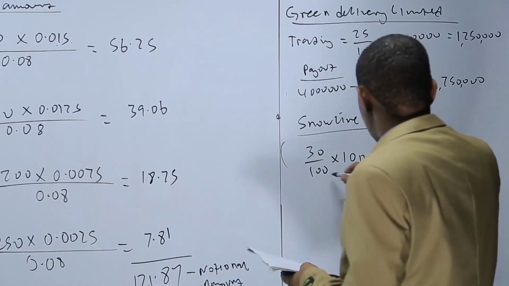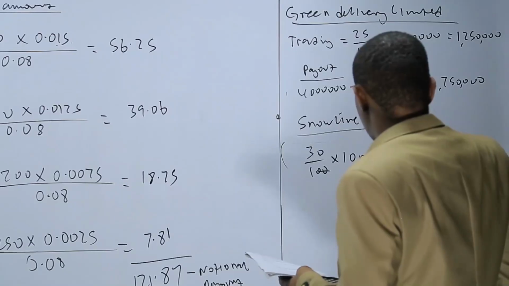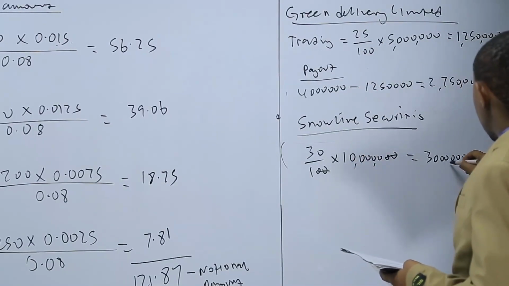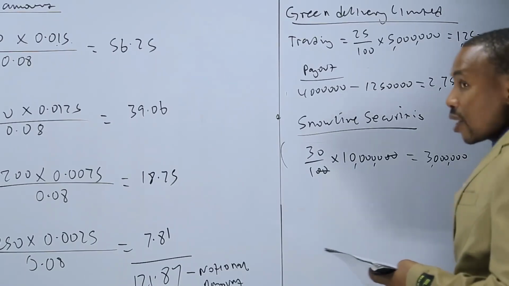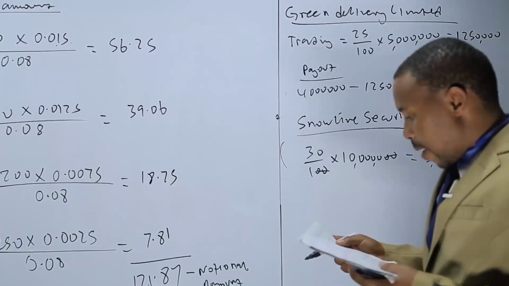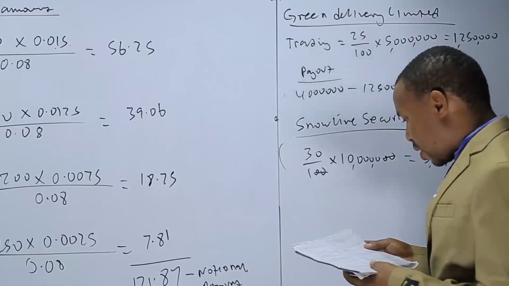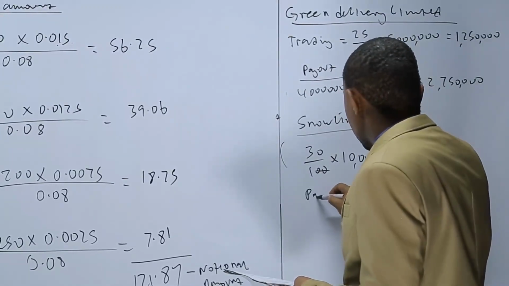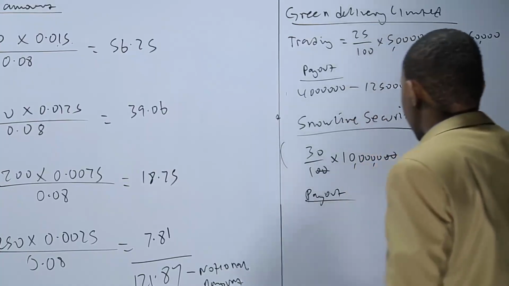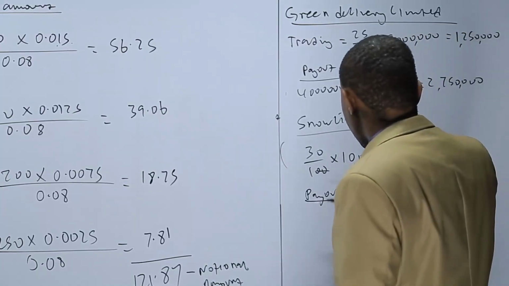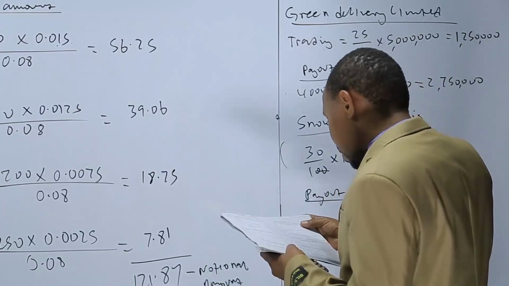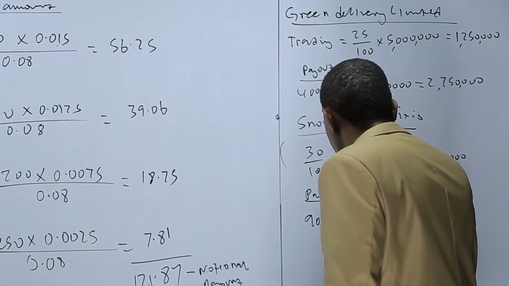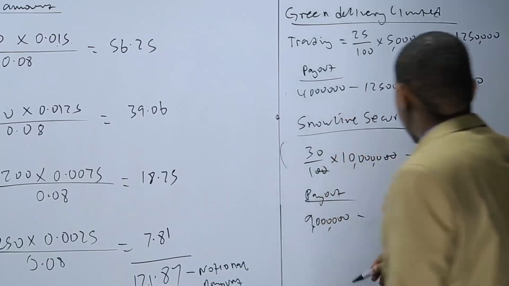Those two zeros go like that. So we can say it is 3 million. For us to get the payout, we need to compare with the senior unsecured debt with a par value of 9 million. So the payout is simply the 9 million, which we have over there. Like that, we get the difference.